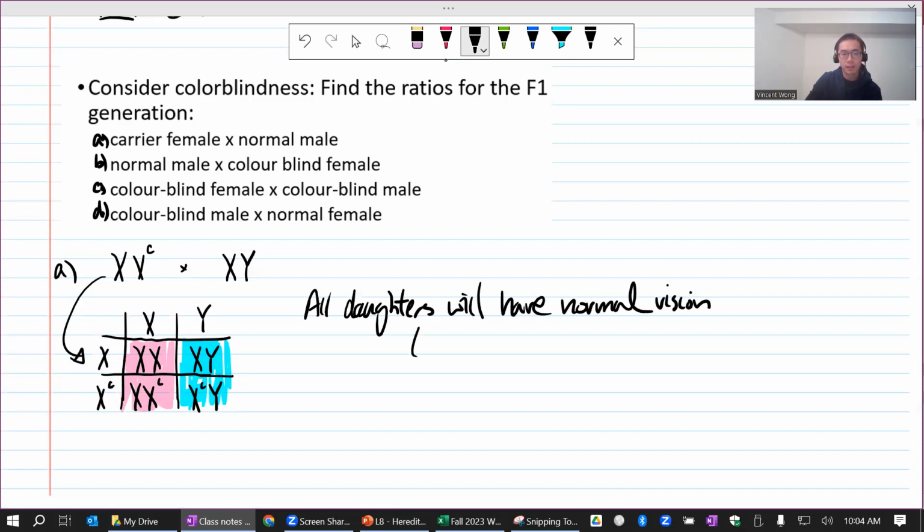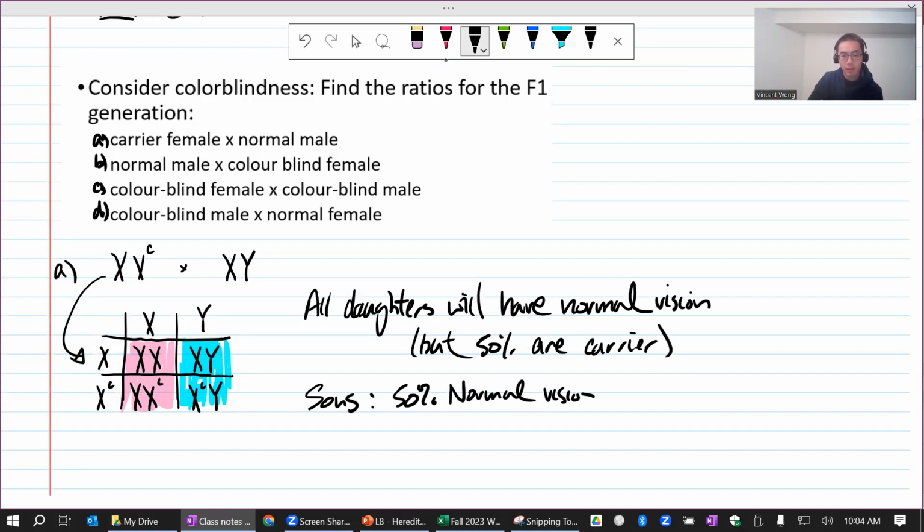Okay. But 50% are carriers, right? Sons. What's going to happen to the sons? 50%, half of the sons will be normal vision. The other 50% are going to have color blindness. Okay.